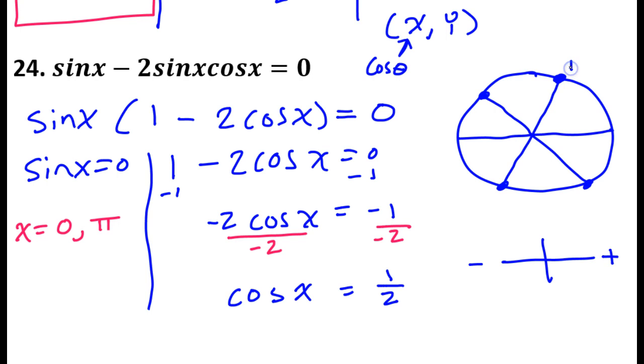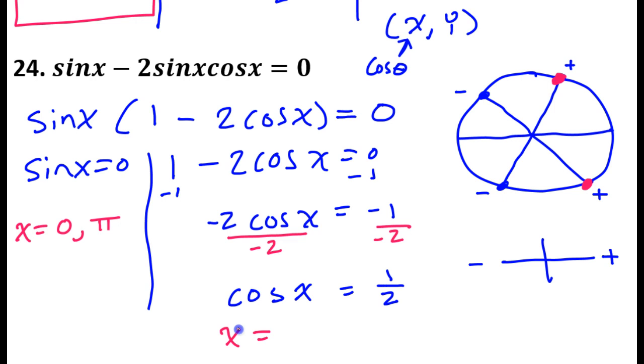So that's why this will be positive cosine over here, and these angles over here on the left will give me a negative cosine. Now for this particular problem, we want cosine to equal positive 1/2. So that's why the solutions are going to be these two angles.